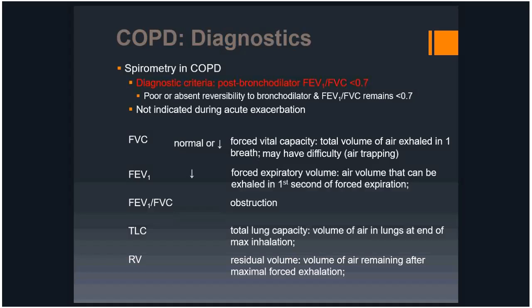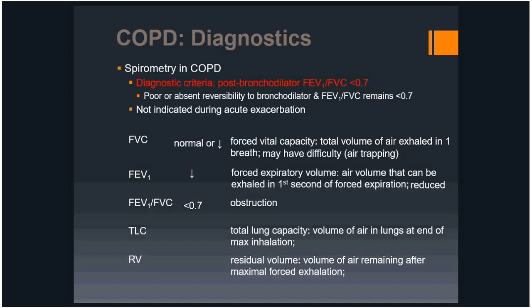You expect it to be decreased, or reduced, because these are patients who have obstruction, and so it's difficult for them to force air out of their lungs. And so the FEV1/FVC ratio is going to indicate obstruction, and it is going to be less than 0.7.